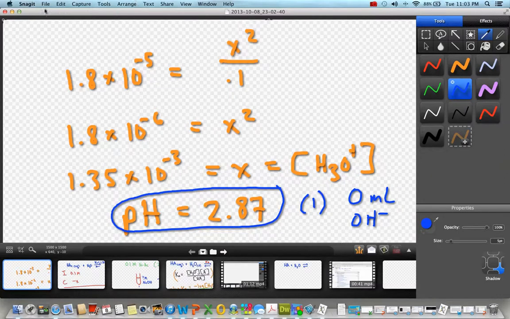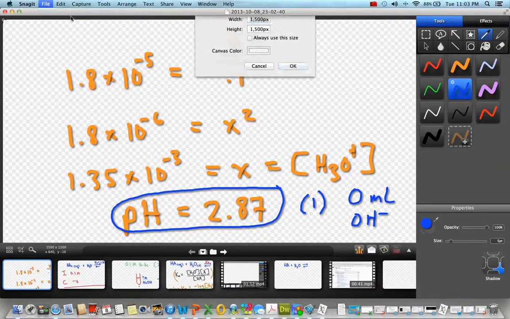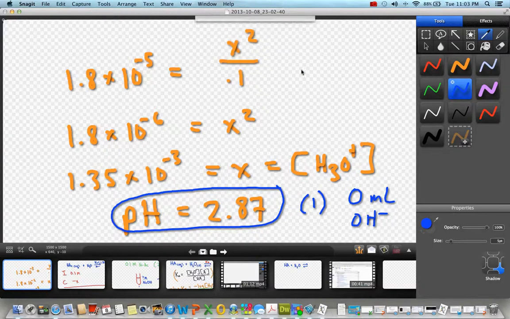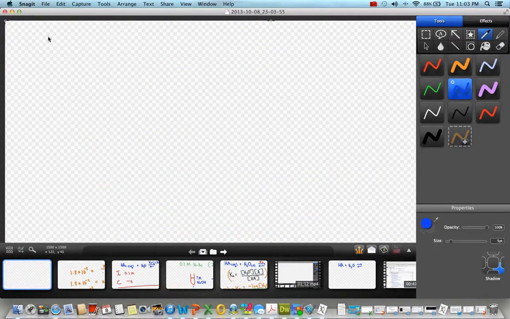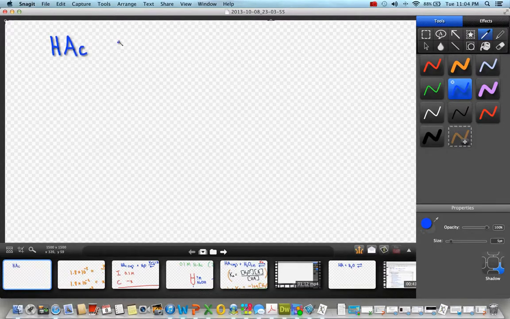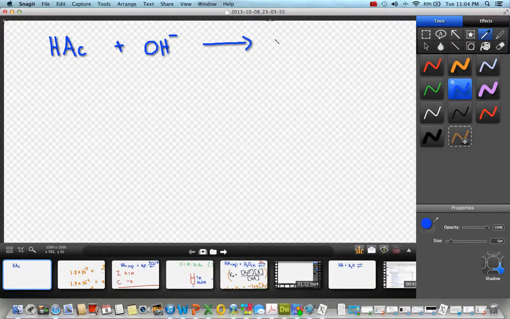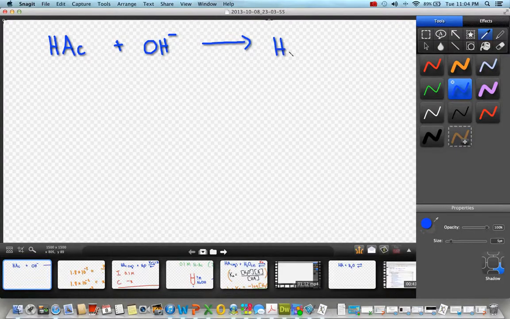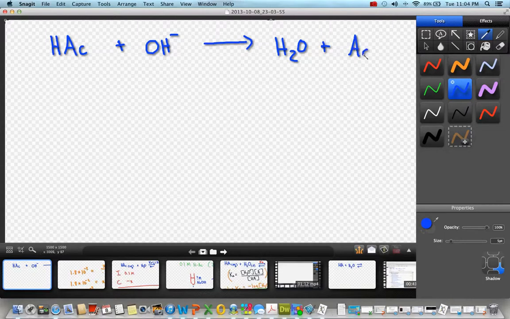Now let's go back and realize that we had 25 milliliters of acetic acid at 0.1 molar. Now we're going to begin to add OH minus. So now our equilibrium is going to change. I will produce water and I will produce acetate.